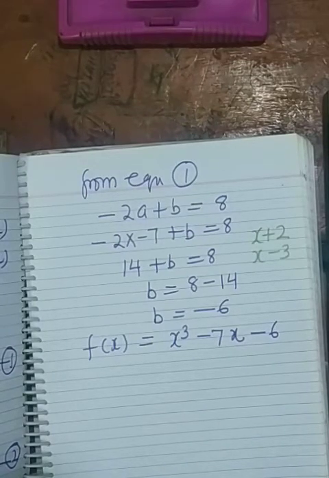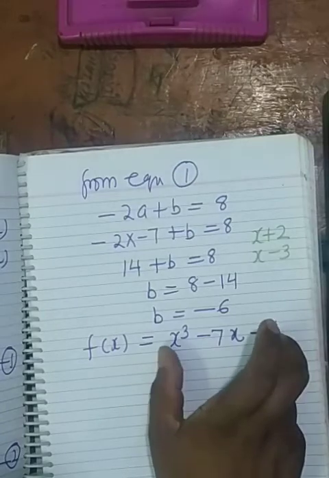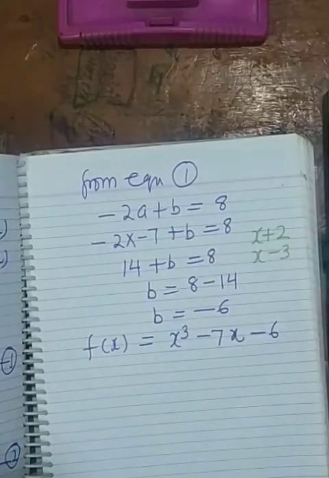Yesterday I told that first you divide the polynomial by one factor. So you will get the product of remaining two factors. And then that product of remaining two factors you will factorize by splitting the middle term.